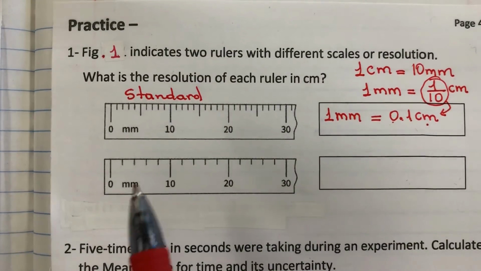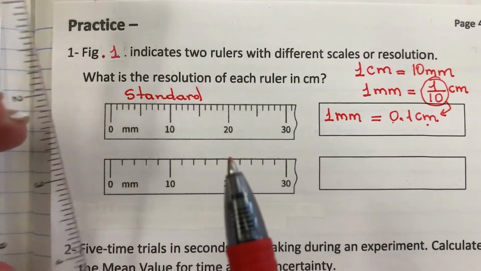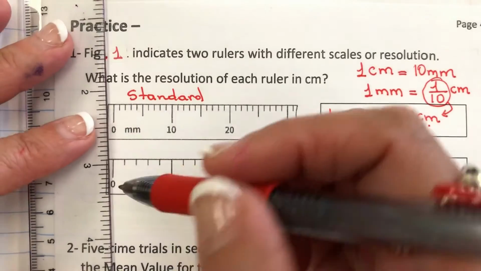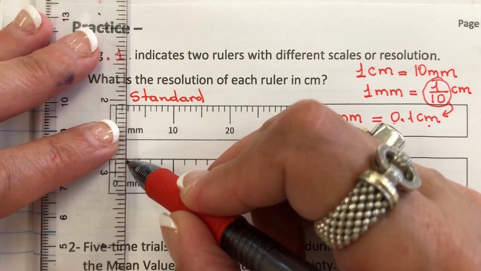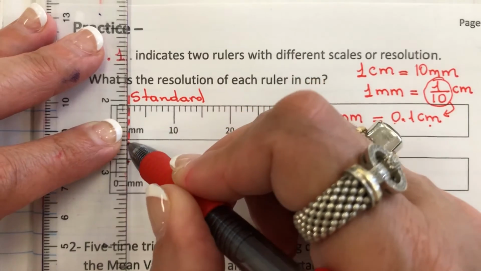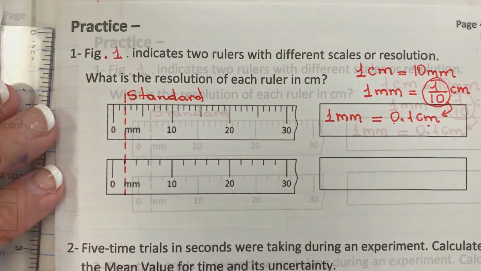To determine the resolution of the second ruler, we are going to place this ruler right here, and this is my first mark, and this actually corresponds to 2 millimeters.